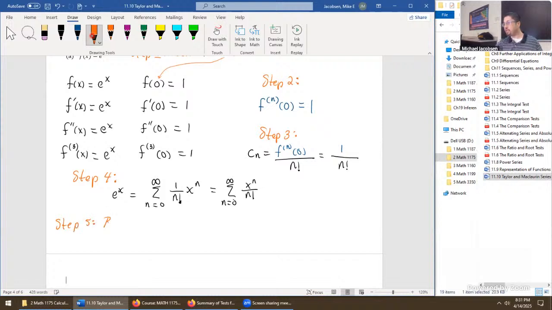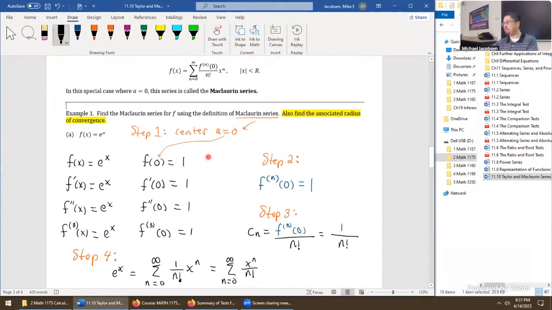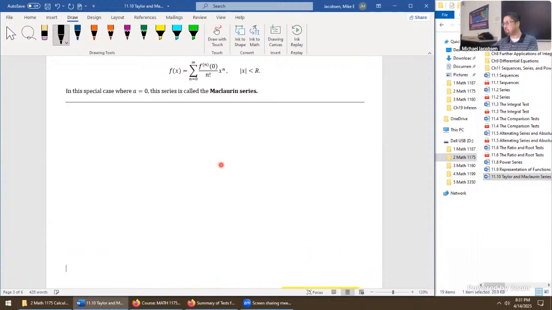Step 5 is just using the ratio test. Because it's not good enough to say you have a way to represent e to the x. Sometimes these representations only work on really small domains next to the center, or sometimes the domain is all real numbers, but we have to find that out. So in the ratio test, let's put this on the next page maybe so we can fit this all.